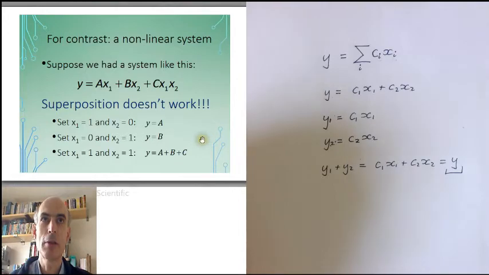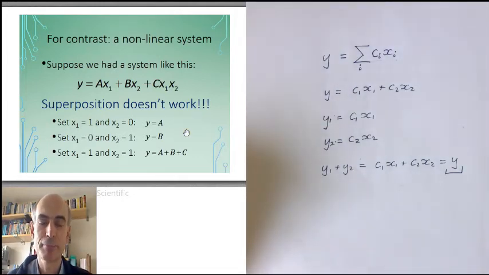As it says in big letters, in this case, for this nonlinear system, superposition doesn't work. It's important to be able to recognize when we can use superposition and when we cannot.